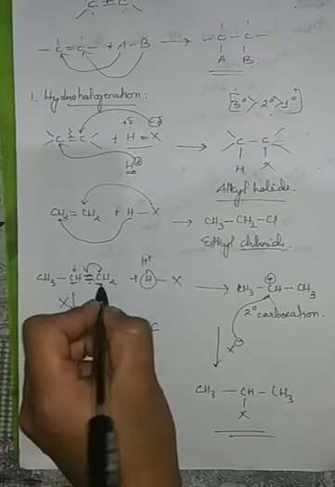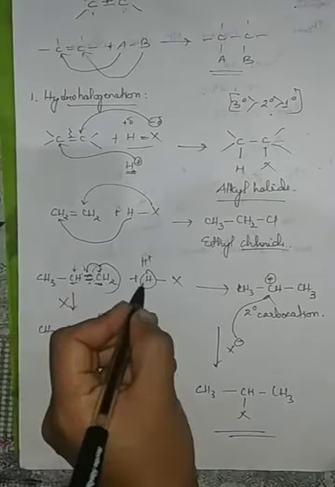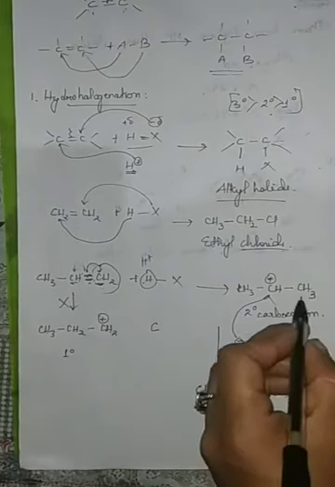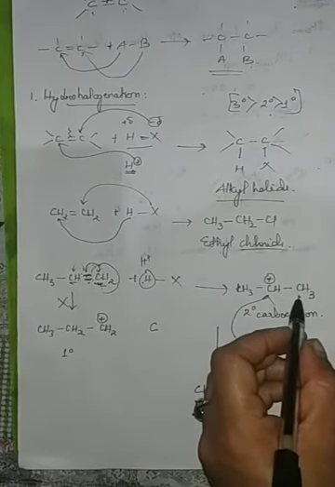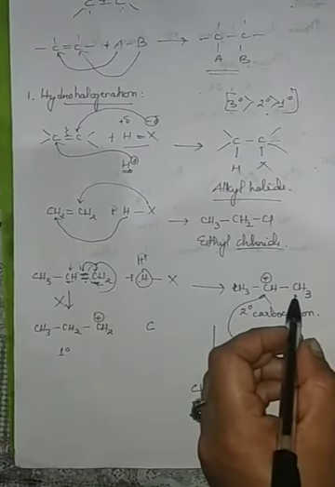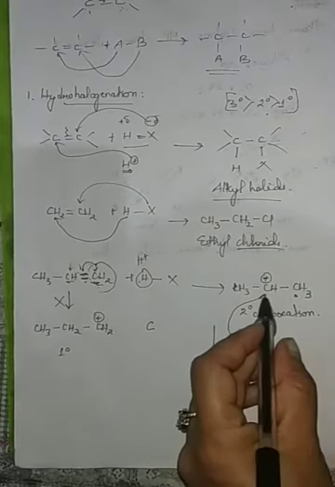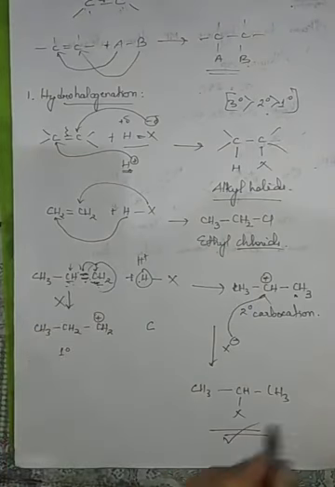We see that this carbon atom has more, therefore the H plus would come and attack this carbon, and the CH2 became the CH3. I'm showing here a short trick for this reaction: then CH3, and the halogen would attach to the carbon atom with the least number of hydrogen atoms. Therefore our product is obtained in this way when unsymmetrical alkenes undergo hydrohalogenation reaction.